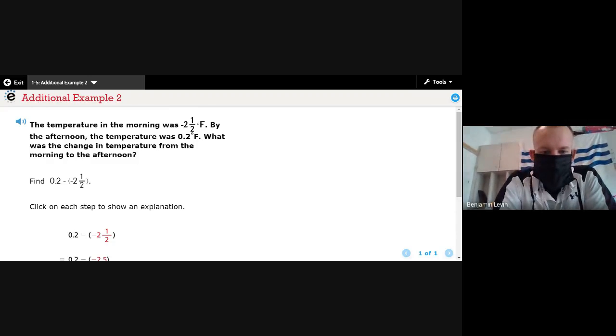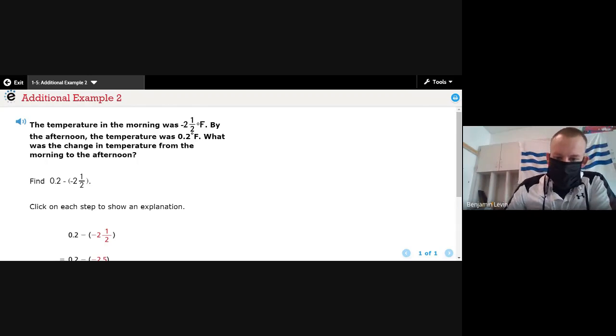Now, if I punch 1 over 2 into a calculator, and again, those of you at home will not be able to see this, but 1 divided by 2, that's all we have to do if we want to easily calculate a decimal out of a fraction, is 0.5. So we have 2.5, right? So we're not going to have 0.5, we're going to have 2.5. Because the half is the same as 0.5, right? A half and 0.5 are the same thing, and the 2 stays.